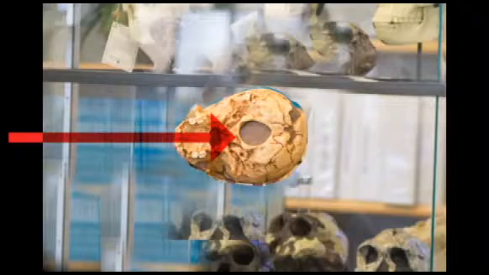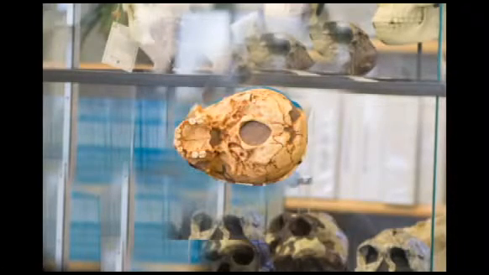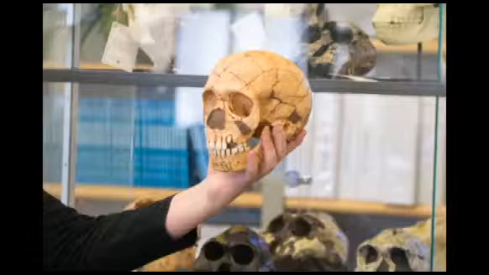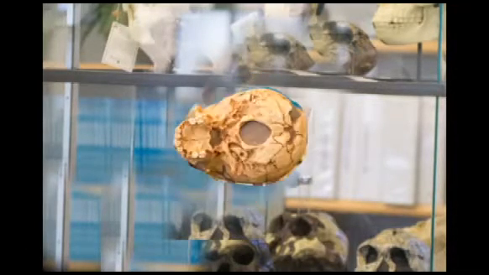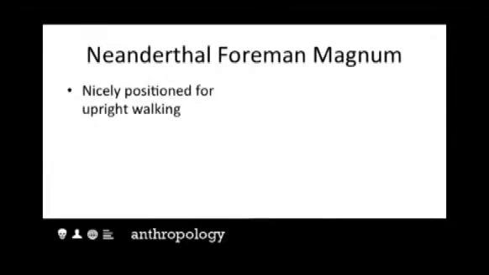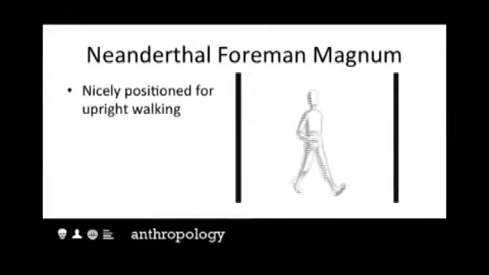So I just wanted to end the video showing you the position of the foramen magnum of this Neanderthal specimen from La Chapelle. It's a beautiful specimen, but it clearly indicates upright walking. Not dragging the knuckles, not bent and hunched over, leaning forward.